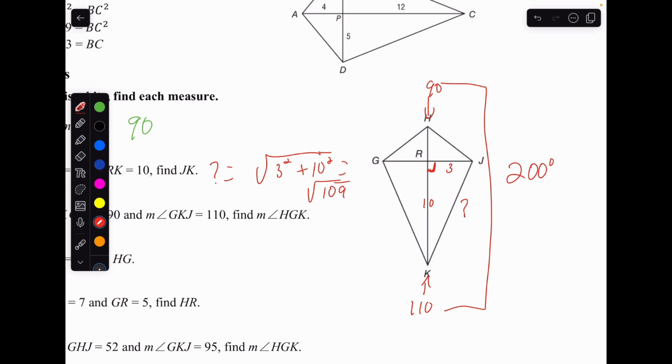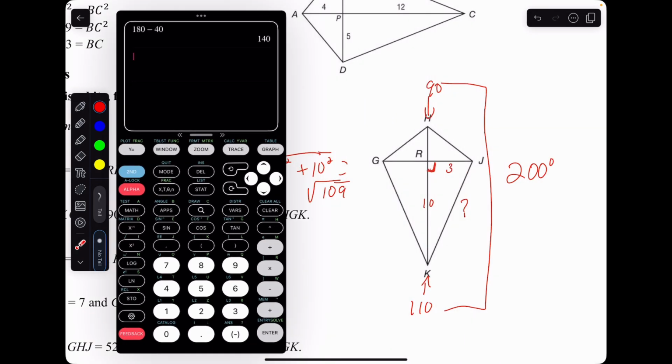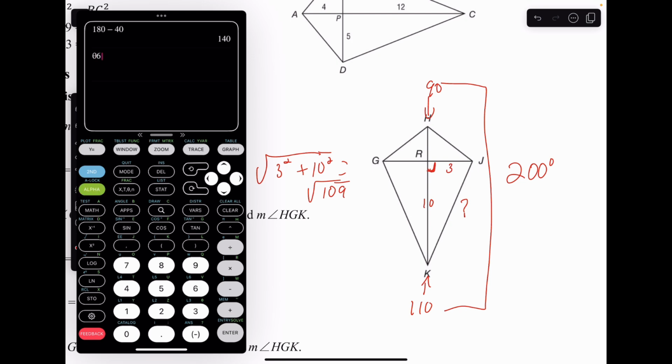200 degrees. Now the 200 degrees, please understand, are in a quadrilateral right here. And this quadrilateral has 360 degrees. So you load your calculator, you say, okay, I have 360 degrees that the quadrilateral should have, out of which I already know 200 degrees.